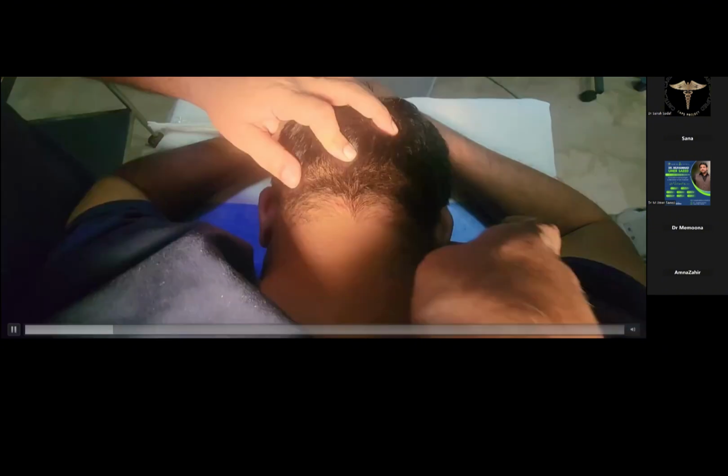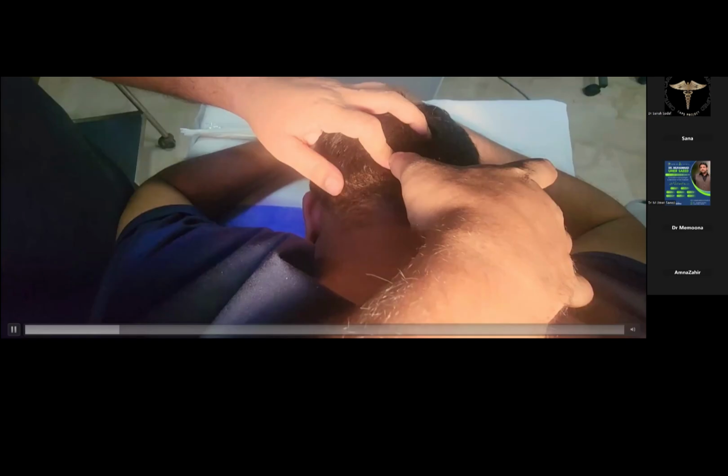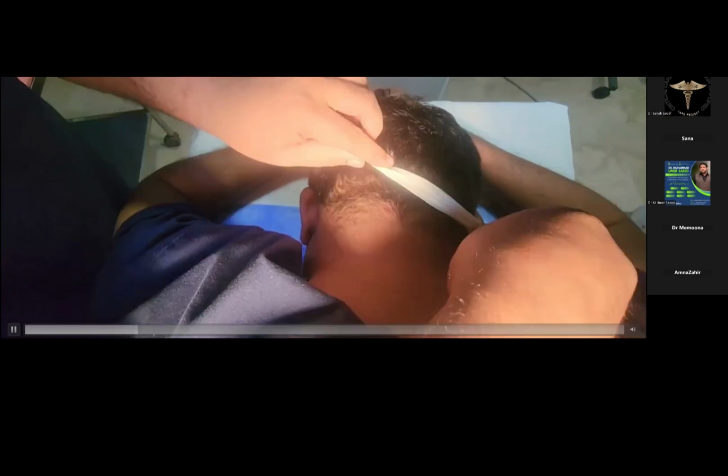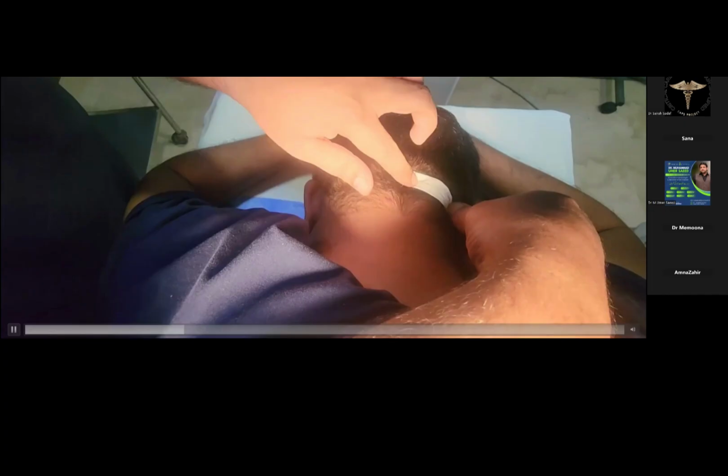If we divide this into three parts, this is one third, and this is the two third. One third is the greater occipital nerve, and two third is the lesser occipital.